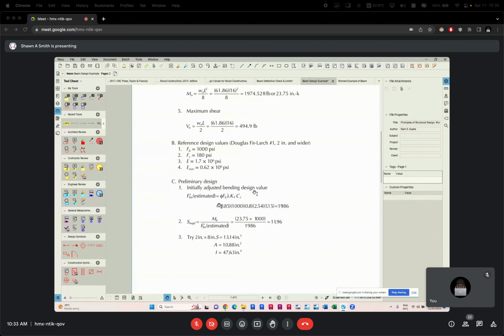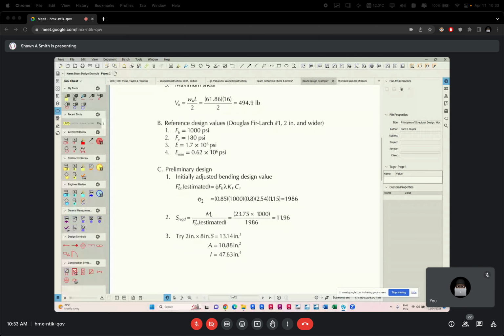Now, these values: the reference value for bending, lambda, which is the time factor, KF, and CR. How do we arrive at those, class?